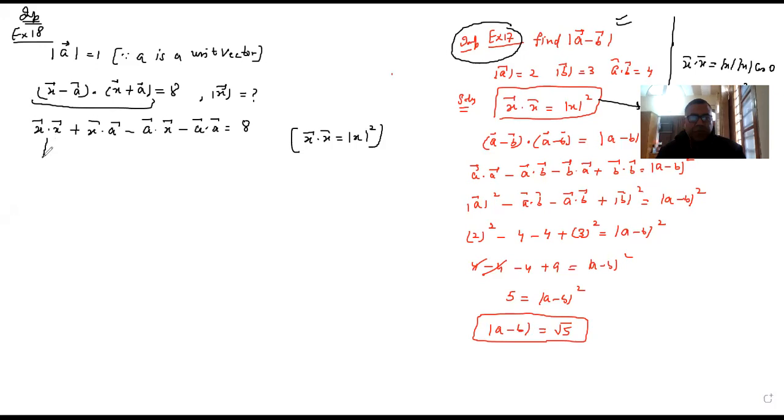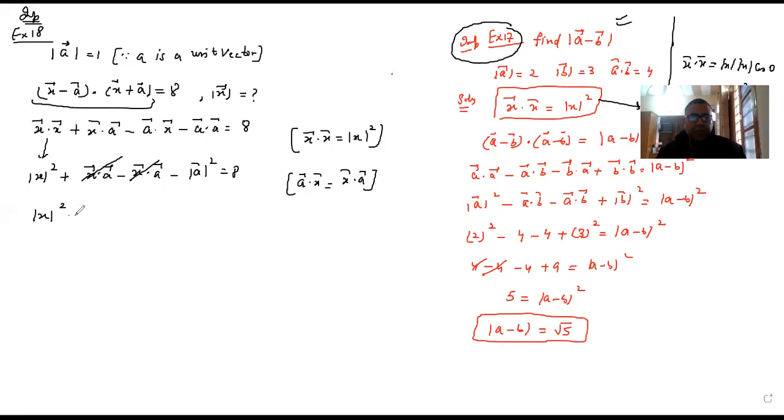So this will be magnitude of x square plus x dot a as it is, minus a dot x. x dot a and a dot x are equal to each other because the dot product is commutative, so they cancel. And minus magnitude of a square, because a dot a is equal to magnitude of a square.